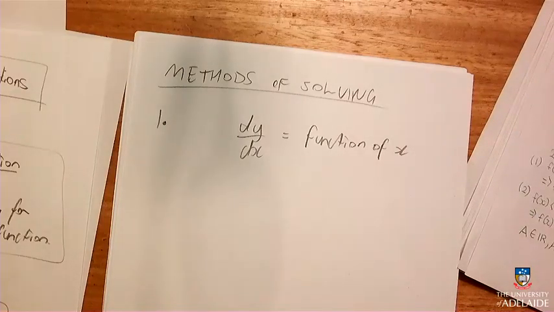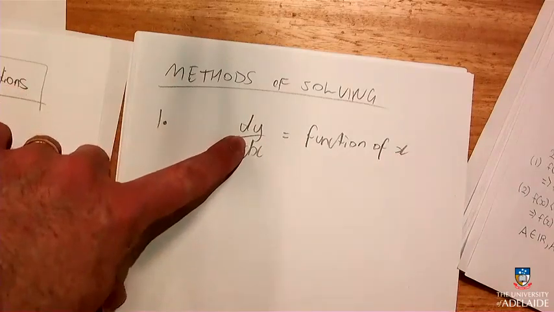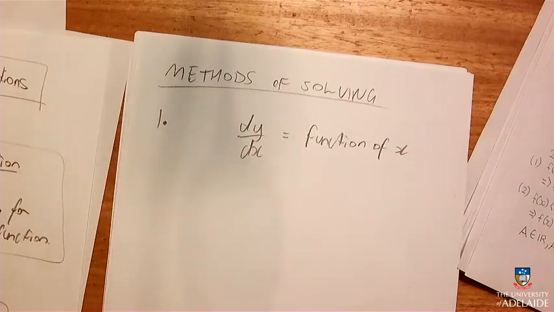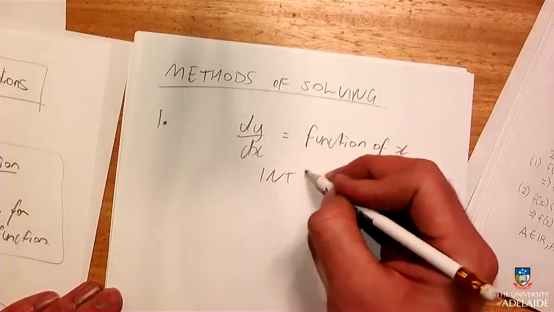And we know how to do that because the whole point is that to get this formula I had to differentiate, so therefore to get the y back I have to integrate, because integration and differentiation are the opposite of each other. And what we'll do to do this is we'll just integrate.